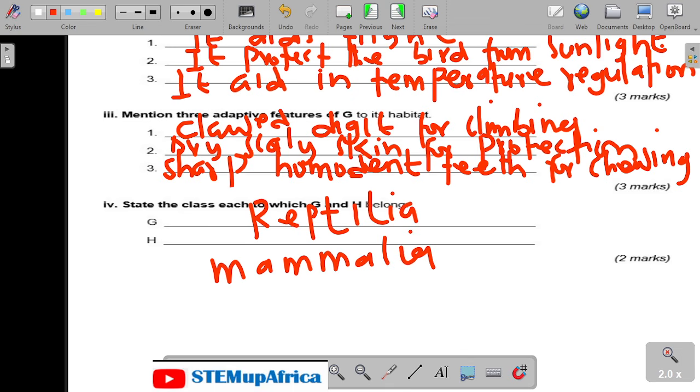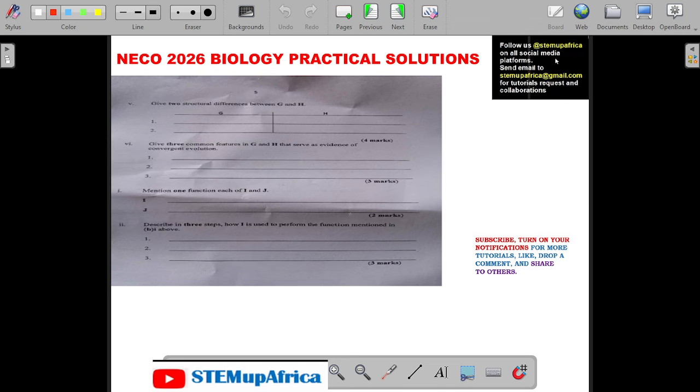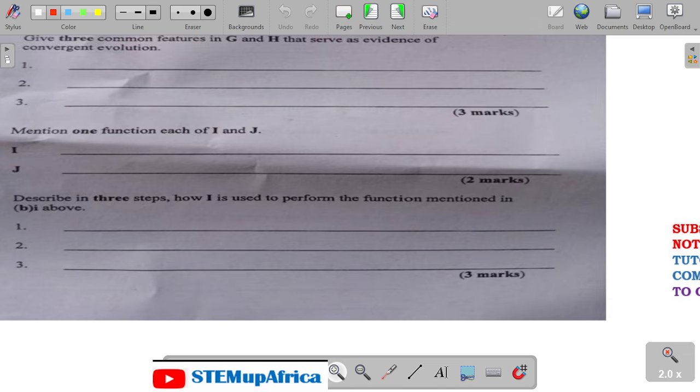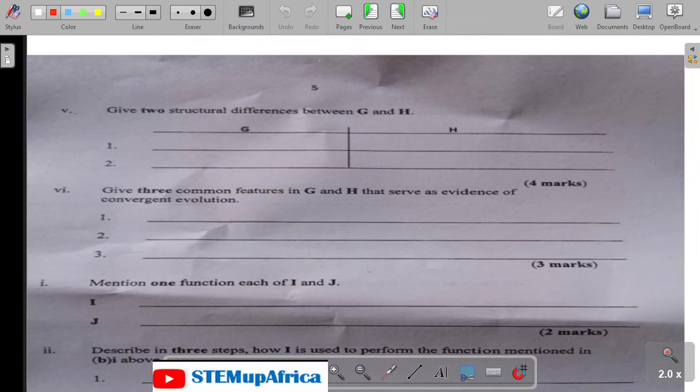So that is for G, and let's go to H. Let's go to Roman figure 5.